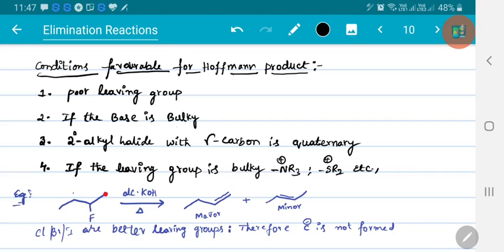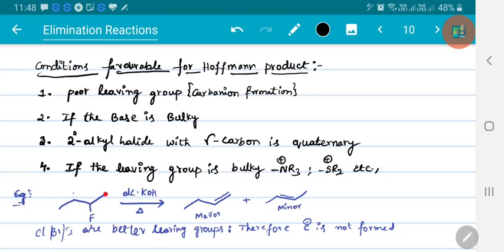One, there must be a poor leaving group. Whenever there is a poor leaving group, first a carbanion is formed. That carbanion is responsible for formation of the alkene. So whenever there is a poor leaving group, there is possibility for carbanion formation, right? Because of that carbanion formation, you will get the Hofmann product as major product.